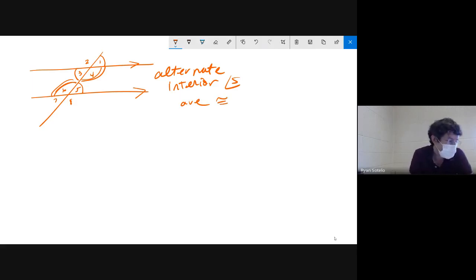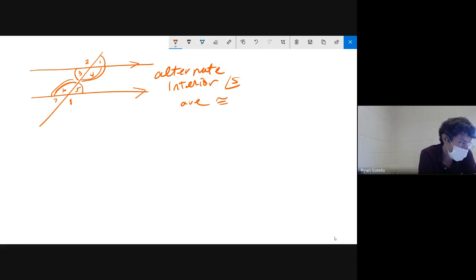You can also say that same side interior angles are supplementary, because 5 is the same as 1, 4 is the same as 8, and 1 and 4 make 180 degrees, 5 and 8 make 180 degrees, therefore 5 and 4 make 180 degrees.